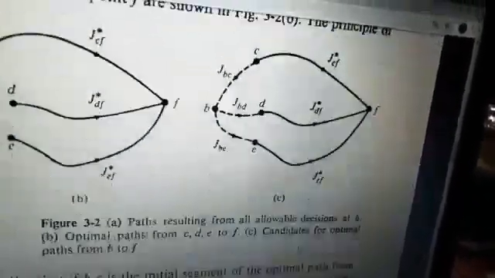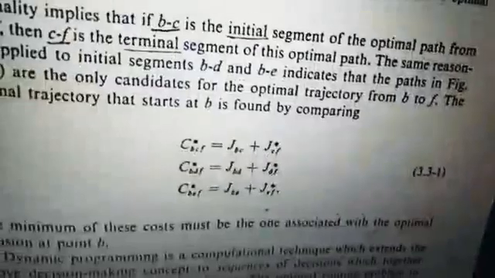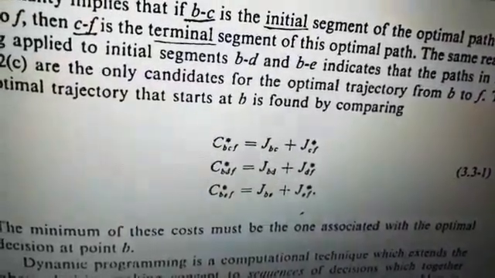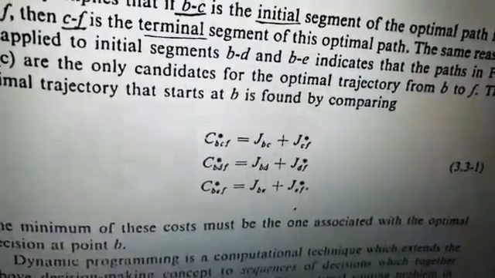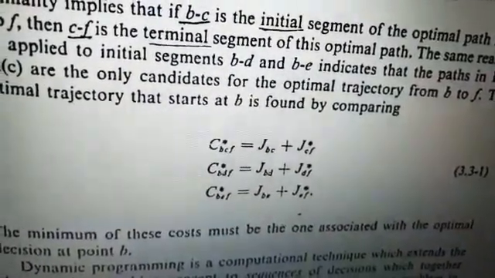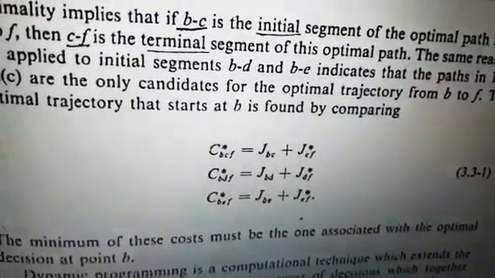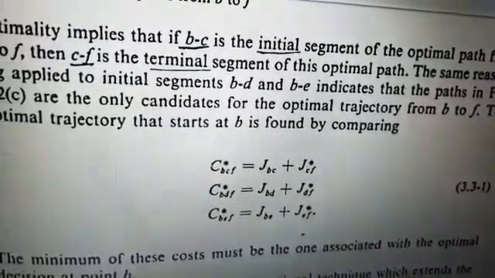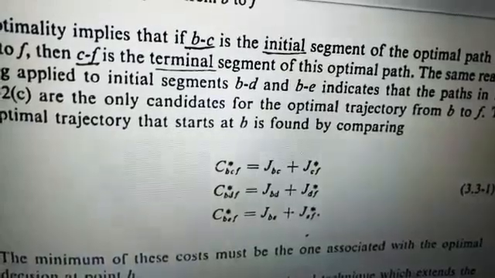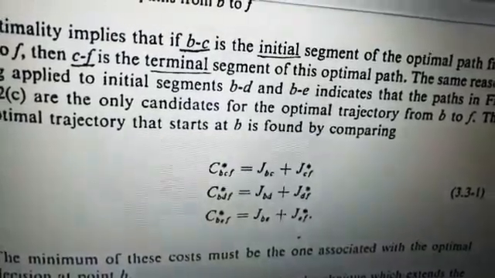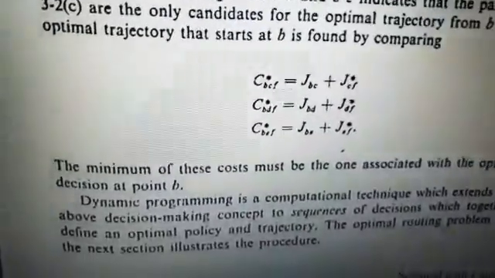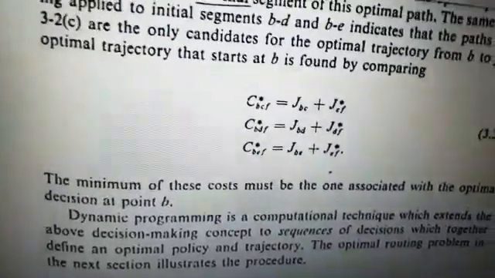They have written the formulas here, three costs through the three optimal paths. But in this topic we have not yet concluded which one is the best for our problem, that is, which one is the initial minimum cost. We have only shown the cost through the paths. Three paths are there, so there are three costs.